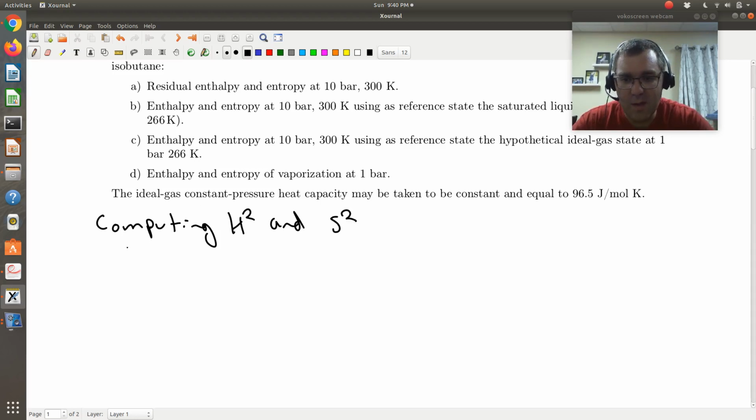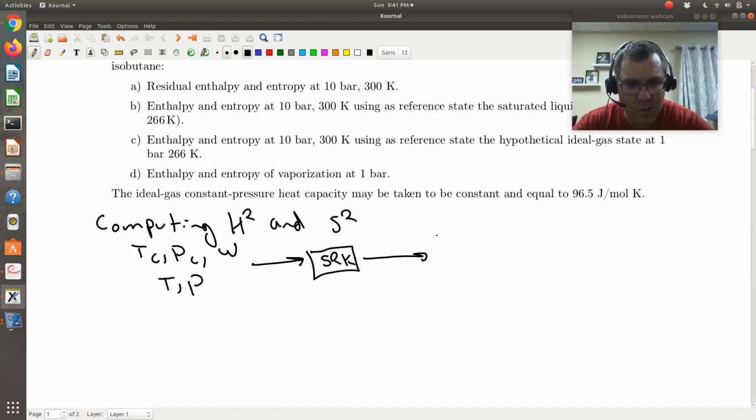Okay, but remember the general idea is we need to collect TC, PC, and omega from the appendix in the back of the book. And then if you also know the temperature and pressure, we can plug that into our SRK black box. And then out will come, of course, compressibility, molar volume, HR, and SR.